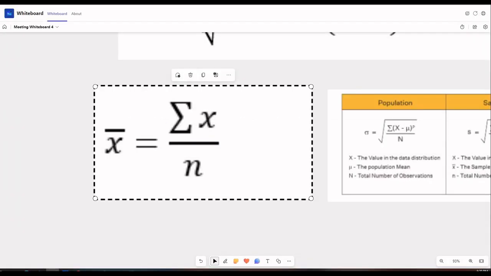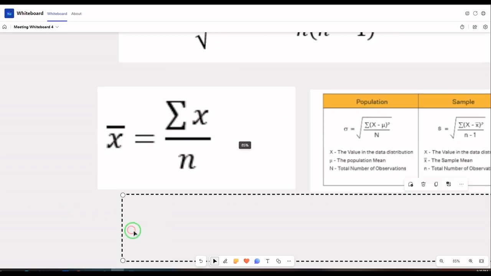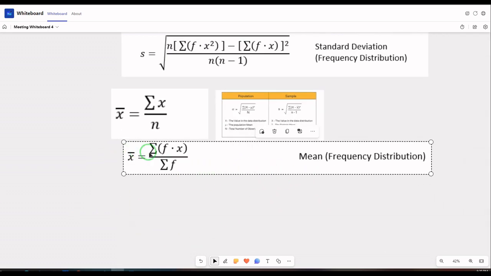In that case, if you refer to your formula book, there is another formula which mentions frequency. So you can use these two formulas to calculate the mean.